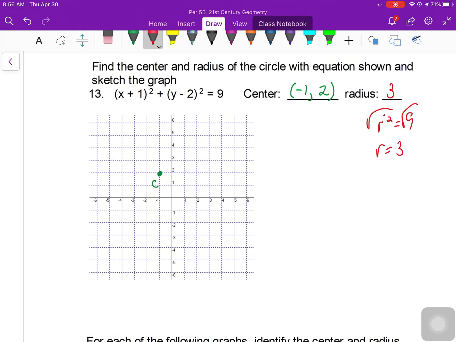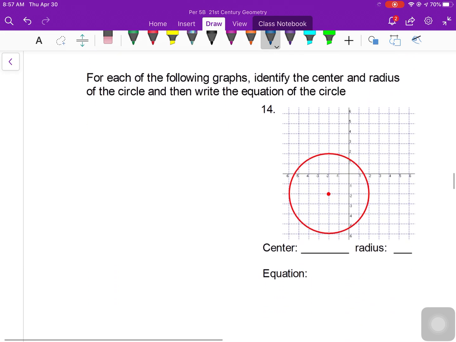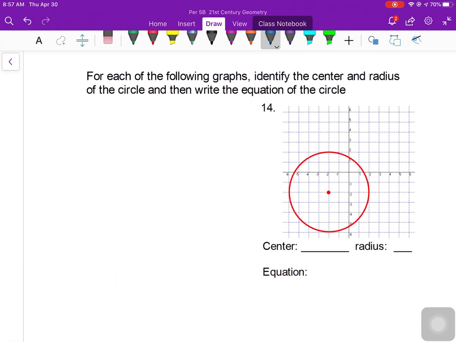So if I take the square root, r is 3. So my radius is 3. That means I'll be counting 3 to the right, 3 up, 3 to the left, and 3 down. And then we'll go ahead and sketch that graph. And again, these do not have to be perfect circles, but we want them to go through those critical points.